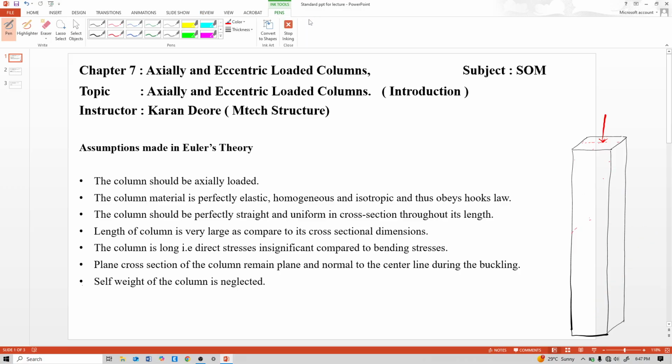See, this column is like this. This is a straight line. Consider this as a straight line.